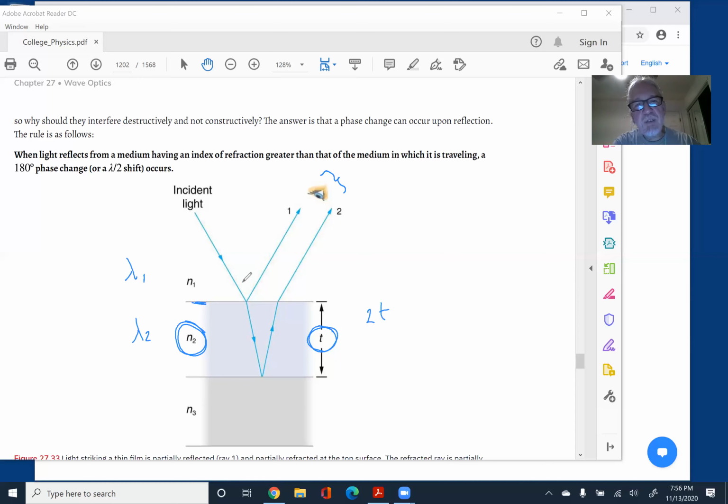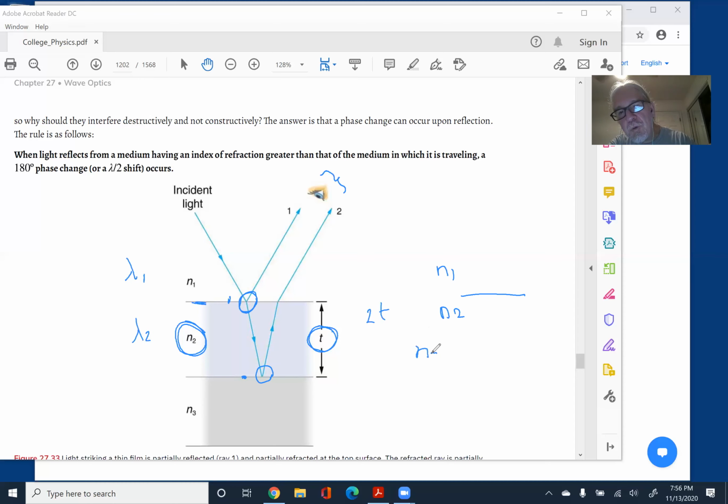The second factor is what exactly happens at the point of reflection, and you have two situations. It depends on the index of refraction of the surface onto which you're reflecting, in this case N2, and in this case N3.